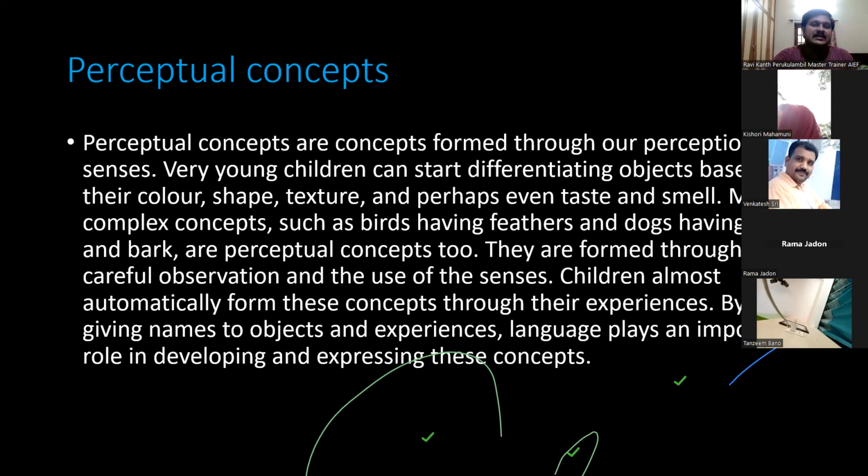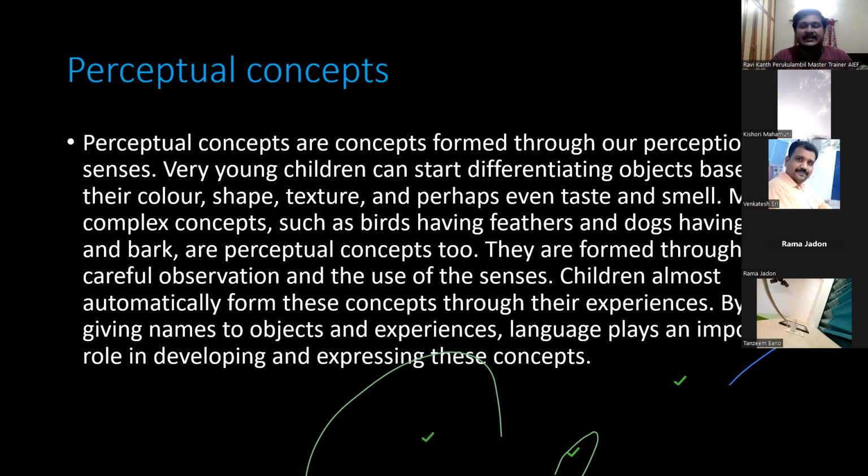Very young children can start differentiating objects based on their color, shape, texture, and perhaps even taste and smell. Isn't it? You put different types of objects in front of the child, like edibles, non-edibles, play items and all. Just by looking at them, by tasting them and all, they come to a conclusion what type of object it is.